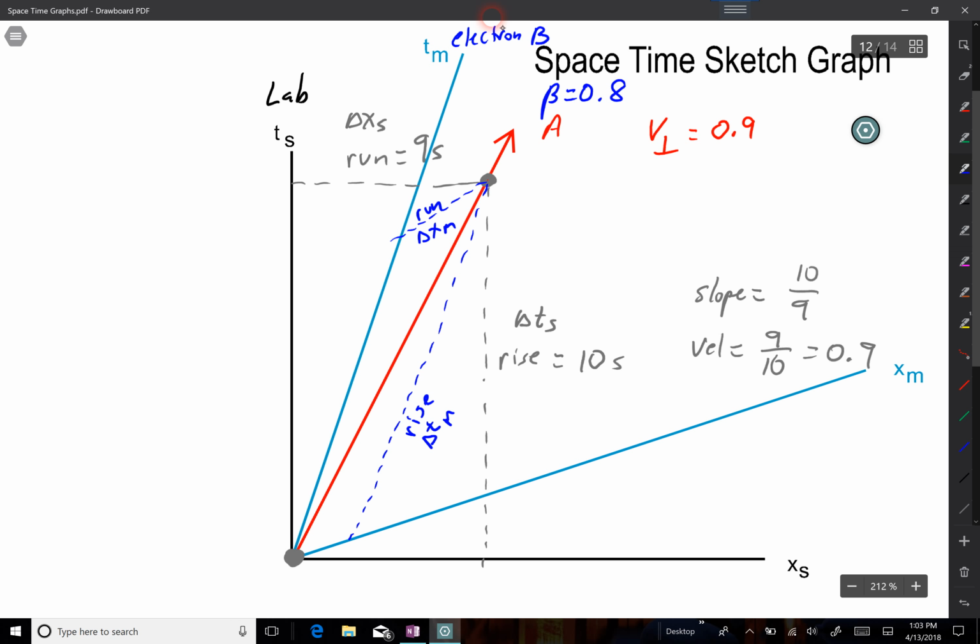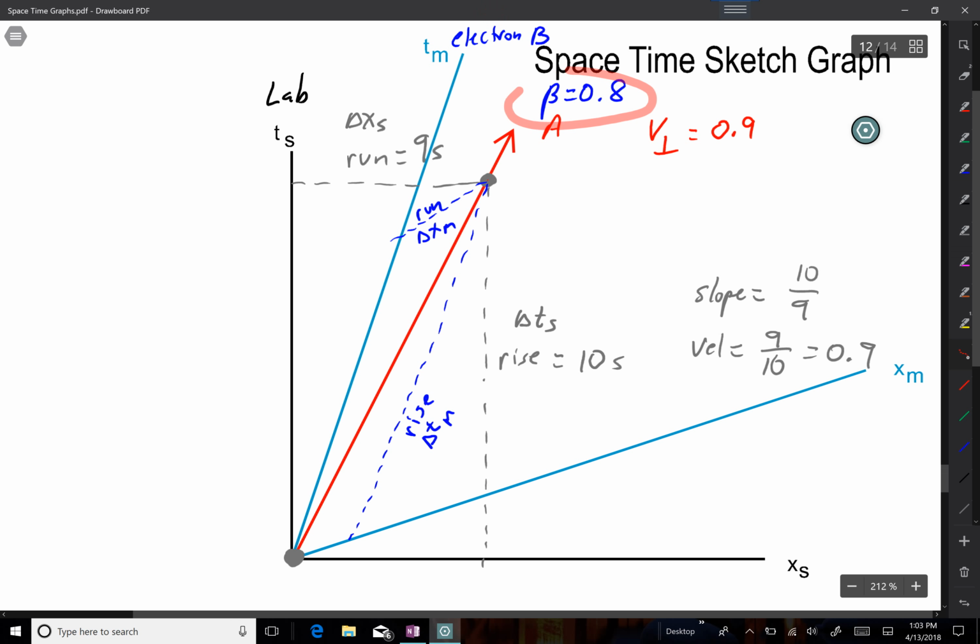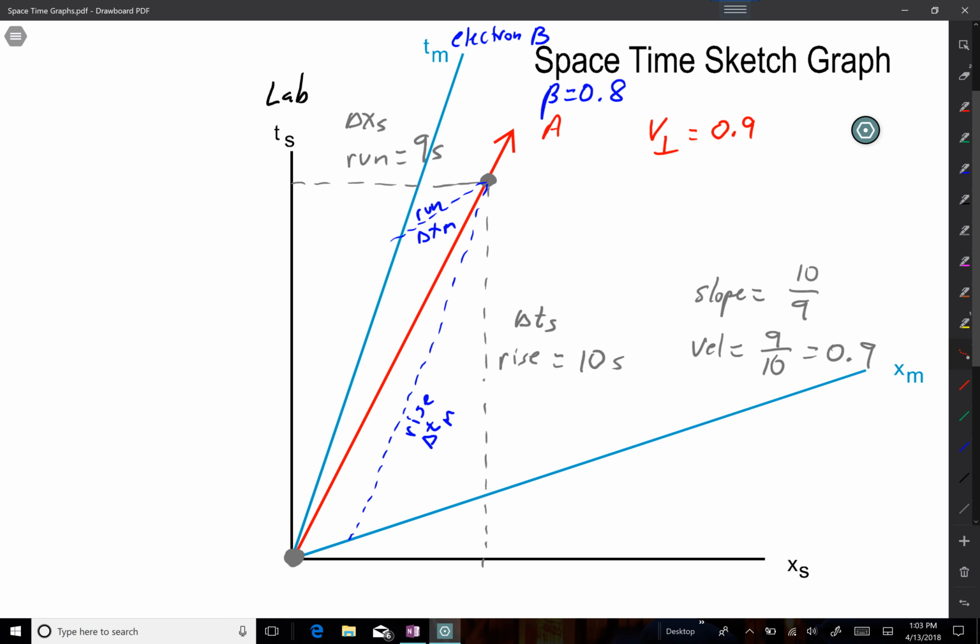Here's my beta. You can use that to calculate gamma. I have a delta TS and a delta XS. I can use those to calculate delta TM and delta XM using the Lorentz equations.